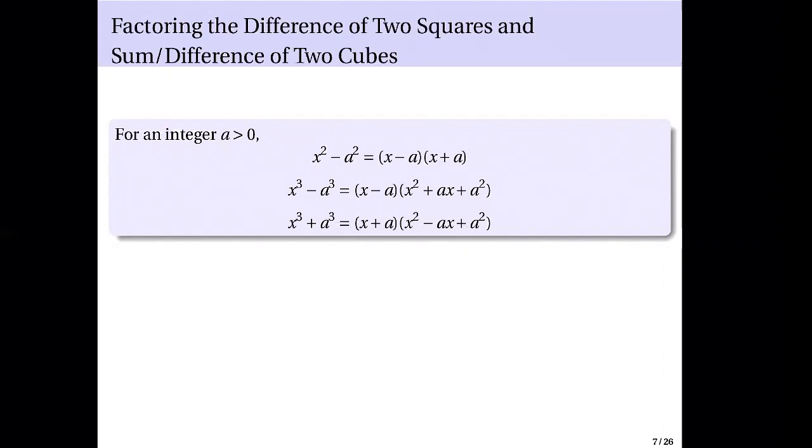And I know this formula is not easy to memorize for students beginning to learn mathematics. So I will be including this if needed during the exam.